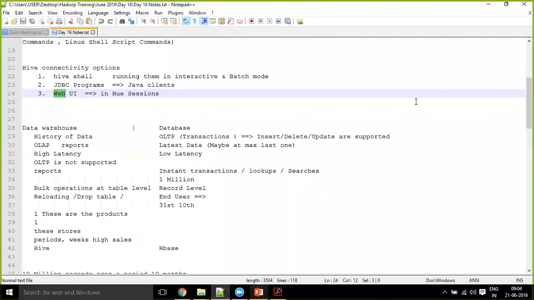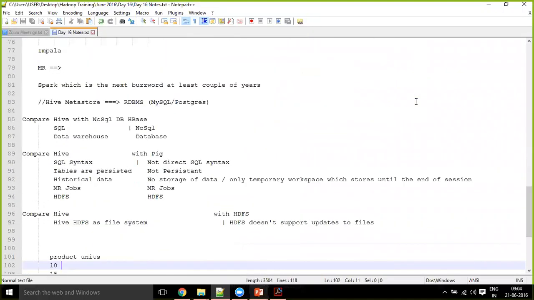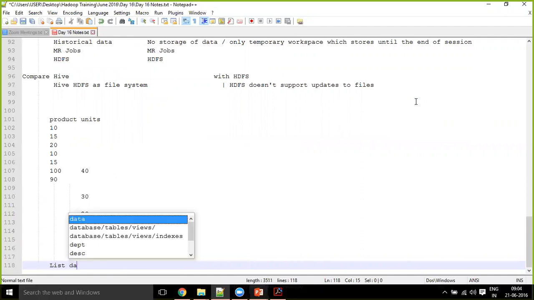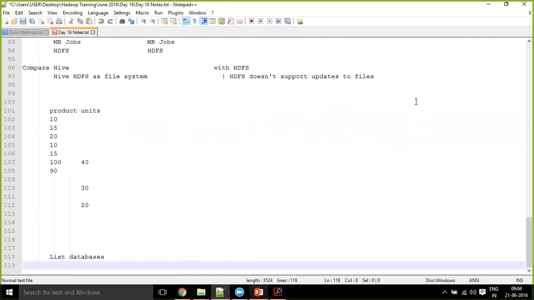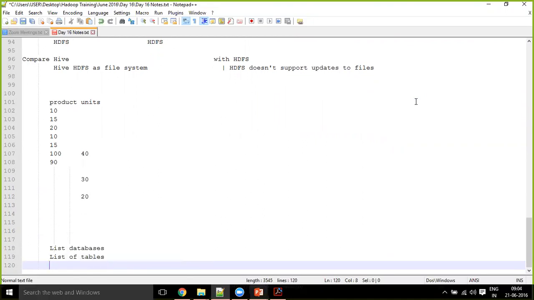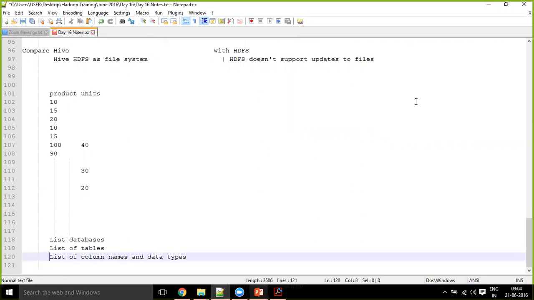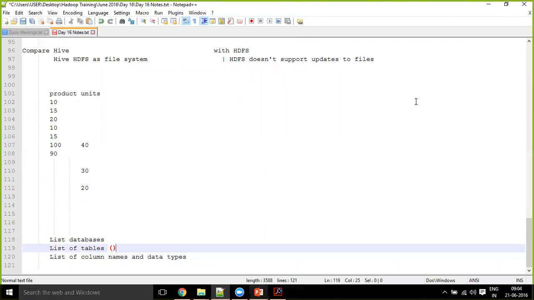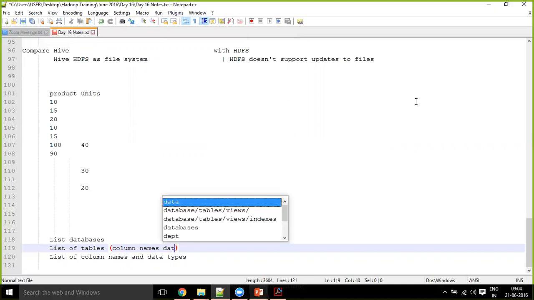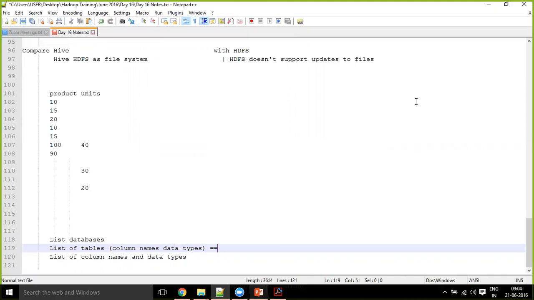So metadata about a table is nothing but column names and data types and the table's physical data location.